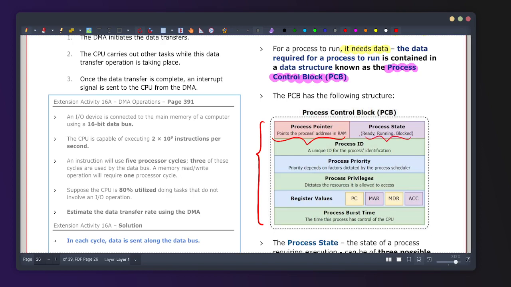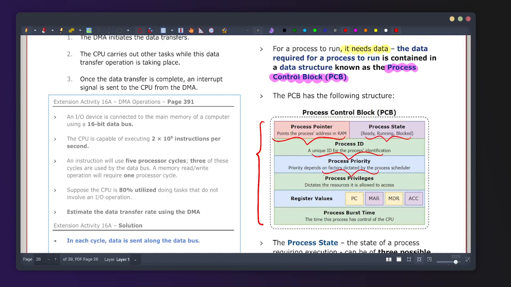And then there is something called the process state. We will discuss what the process state is in detail soon, but there are three possible states a process can be in. It could be ready, it could be running, or it could be blocked. Next is the process ID, which is a unique ID assigned to each process to make sure that one process can be identified from another.